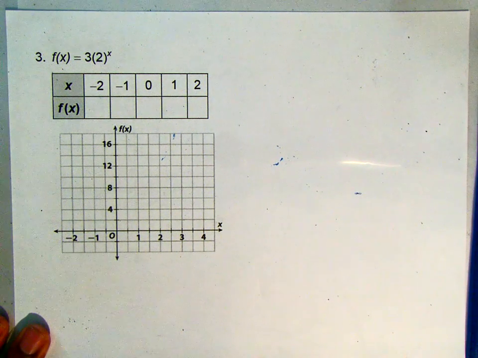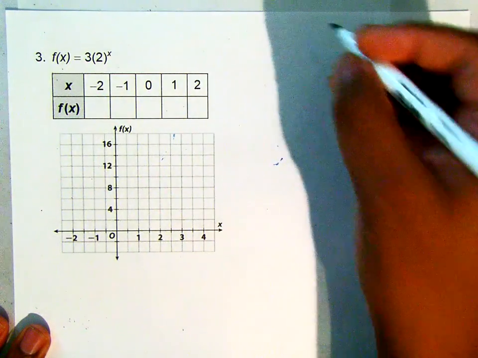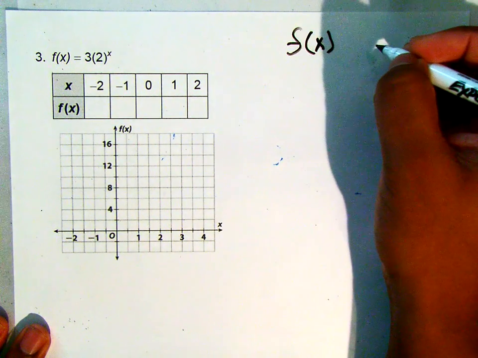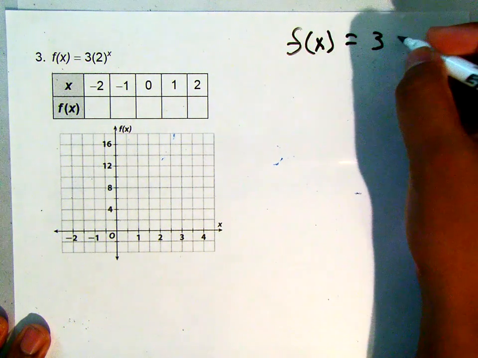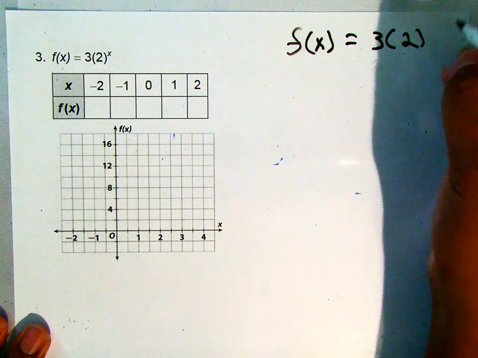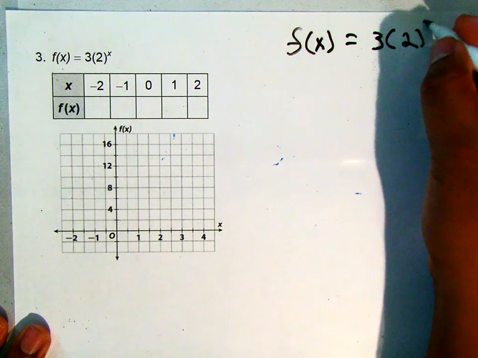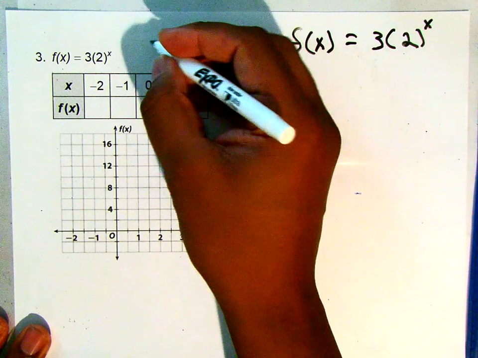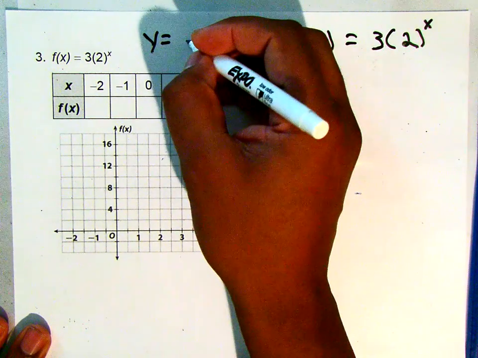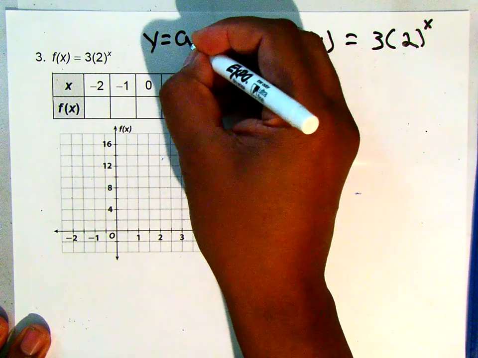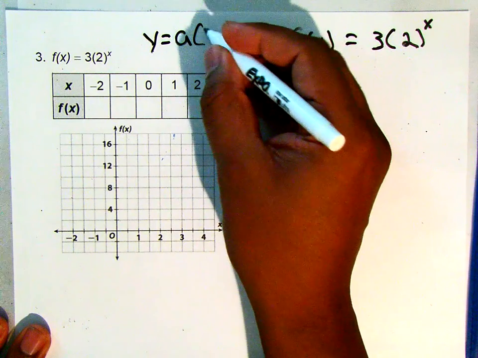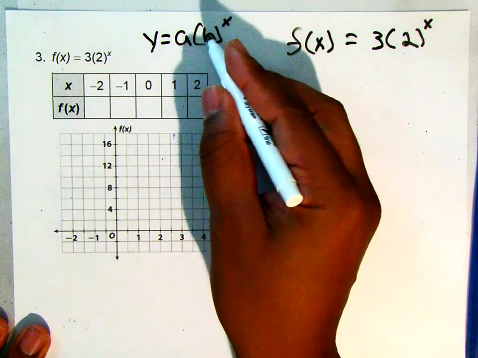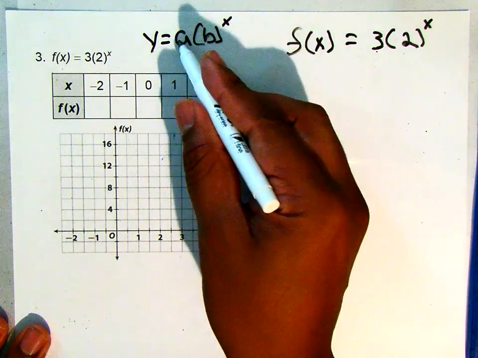I'm going to write the formula here: f of x is equal to 3 times 2 raised to the x. Notice that's similar to our y is equal to a times b raised to the x, with the 2 being the b and a being 3 here.